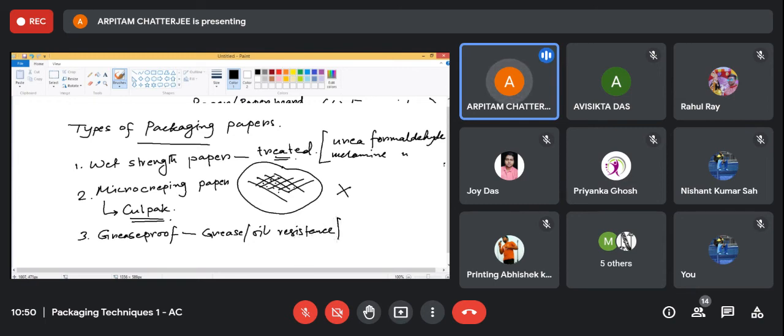And how is it done? Basically, these are very highly beaten paper fibers. In this case, the paper fibers are highly beaten.